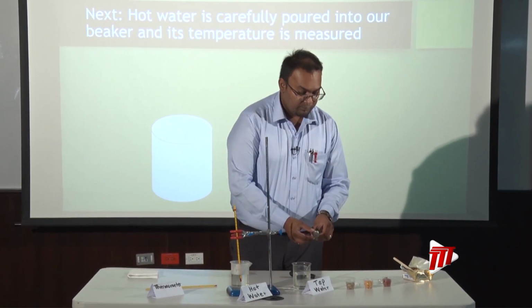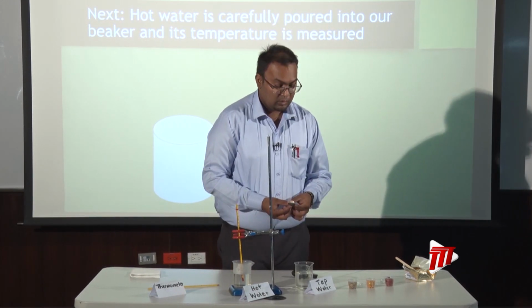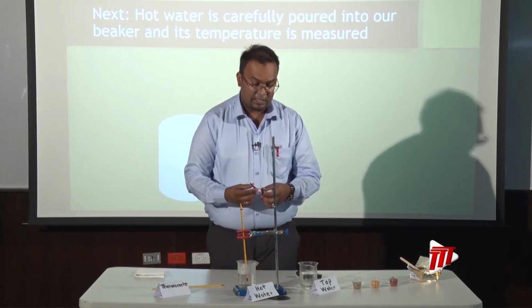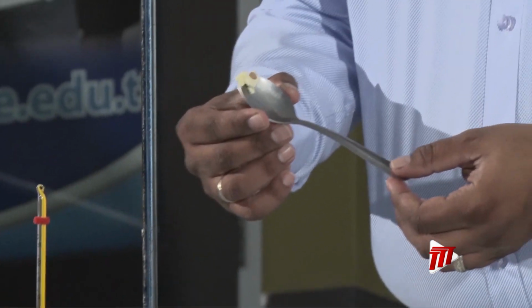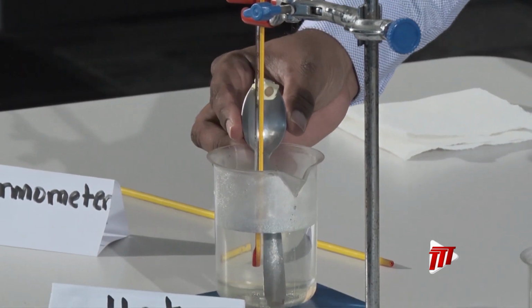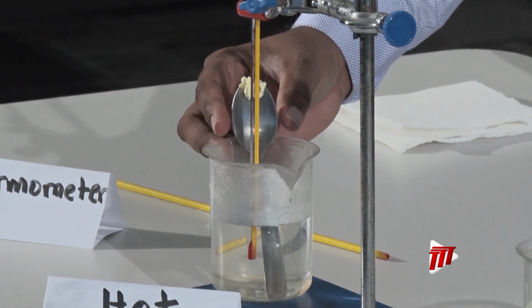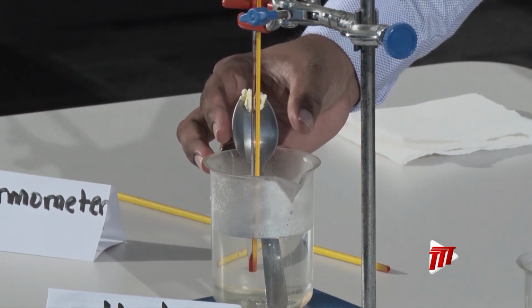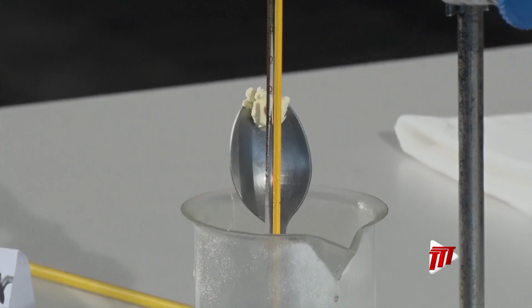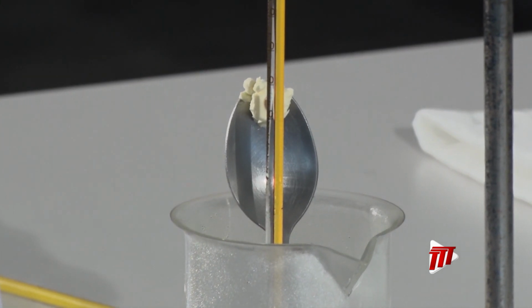So again, we do the same thing. We have the pat of butter with the bean, and now we are following the same procedure. Place the spoon carefully, and we observe for 5 minutes what takes place.